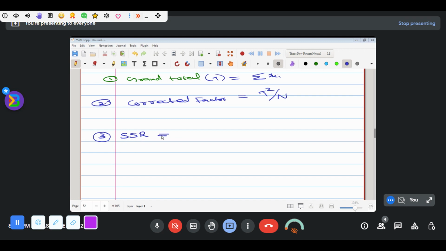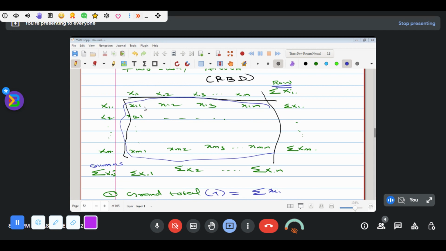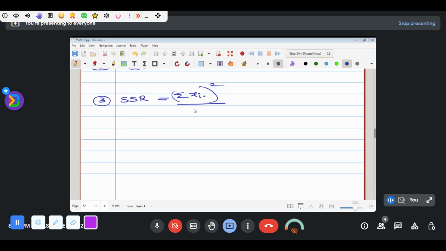That is equal to summation of xi dot, whole squared, divided by the number of data values corresponding to the rows, that is nj, minus the corrected factor. Then the SSR calculation is completed.